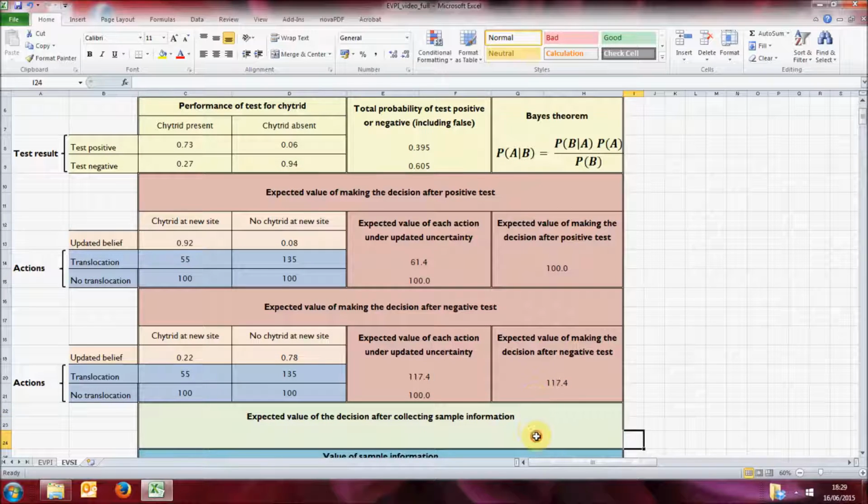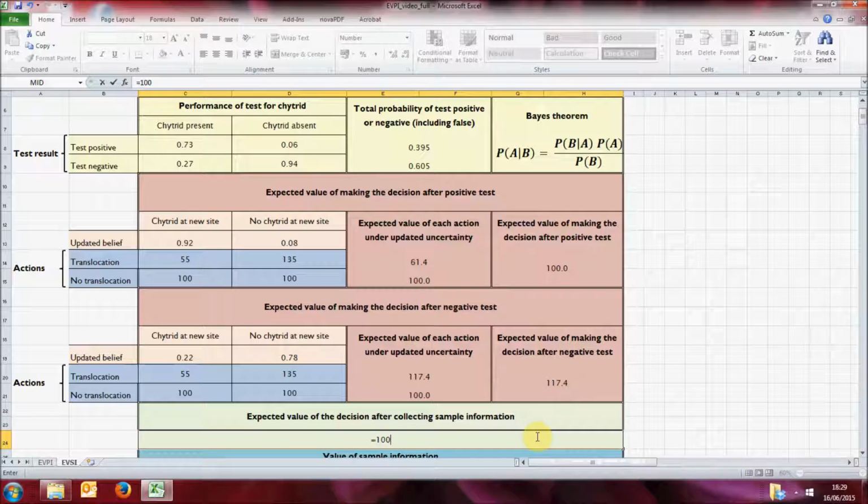So we expect a value of 100 individuals multiplied by the overall probability of a positive test, including true and false positives, and a value of 117.4 individuals multiplied by the probability of a negative test, including true and false negatives.